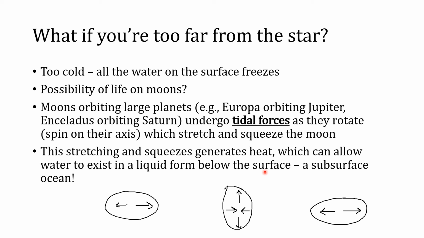In the part of the solar system where it's too hot, the trick is that little ring in the Twilight Zone. And here on the cold side, if you're beyond the habitable zone, the trick is tidal forces, the stretching and the squeezing on moons that orbit large planets.